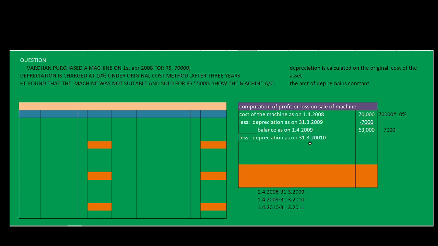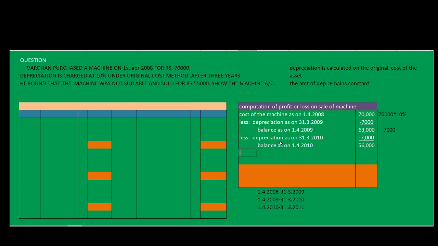As we are following the fixed installment method, the amount of depreciation remains constant throughout the life of the asset. So again, you should consider 7,000. Deduct this amount, then you will get a balance, which is the balance as on 1/4/2010.